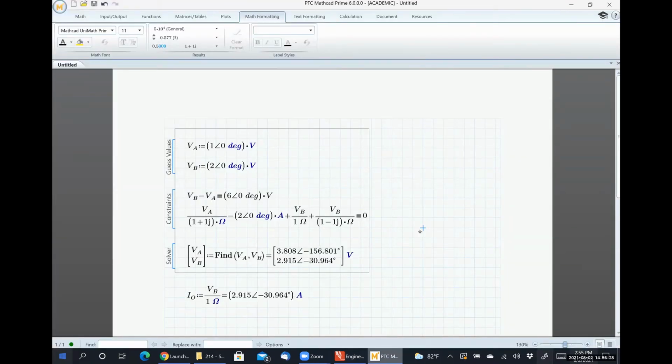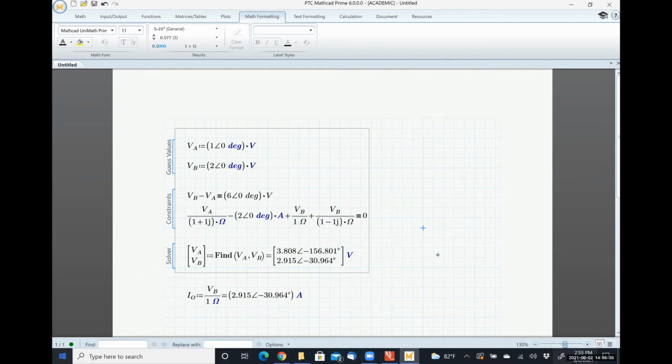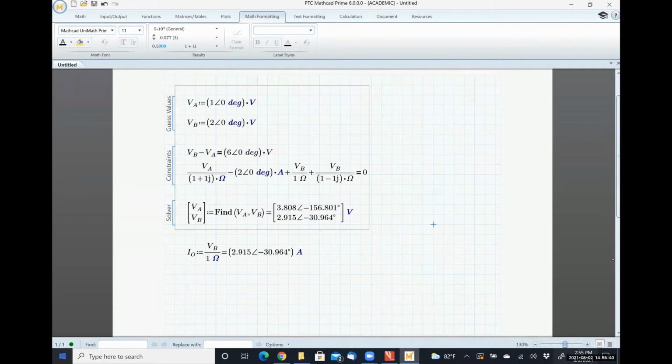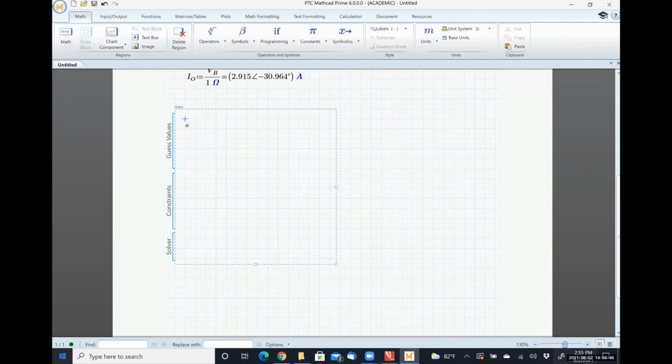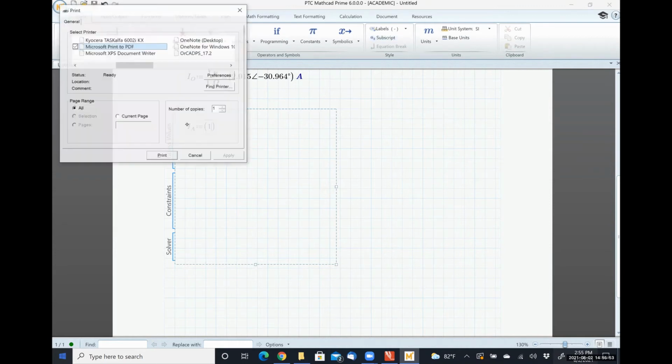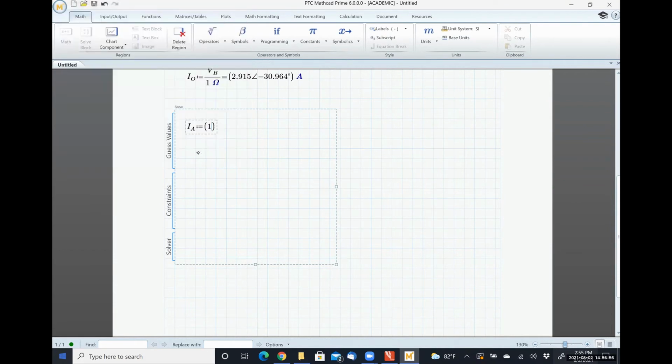I'm going to scroll down here and start a solve block. I'm going to do a similar thing. I have IA, and I'm going to guess that it has a value of 1 angle 0 degrees amps.